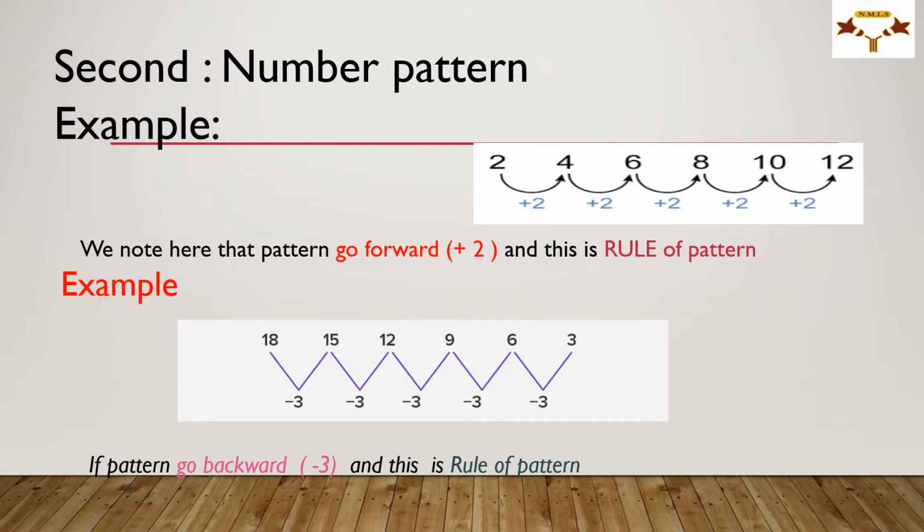When you're going backward, your rule will be minus. Let's count from 18 to 15 to figure out the rule. Count with me on your fingers: 18, back to 17, back to 16, back to 15. How many fingers do you have? 3. So each time you're going backward 3 steps, and your sign will be minus.